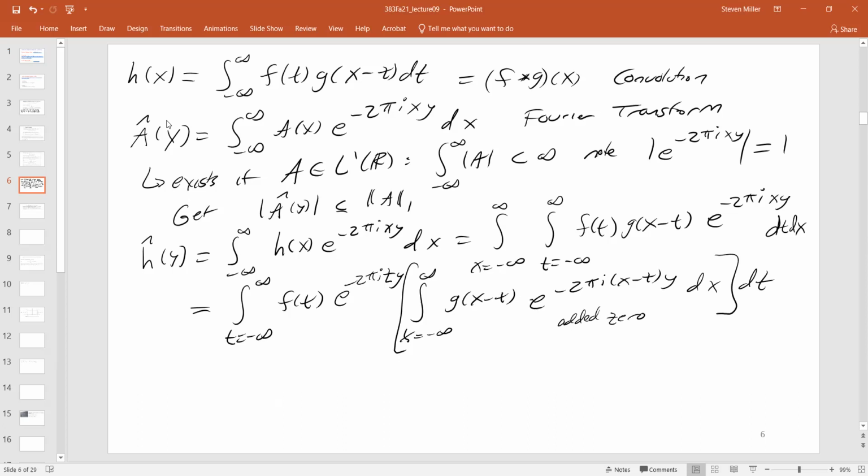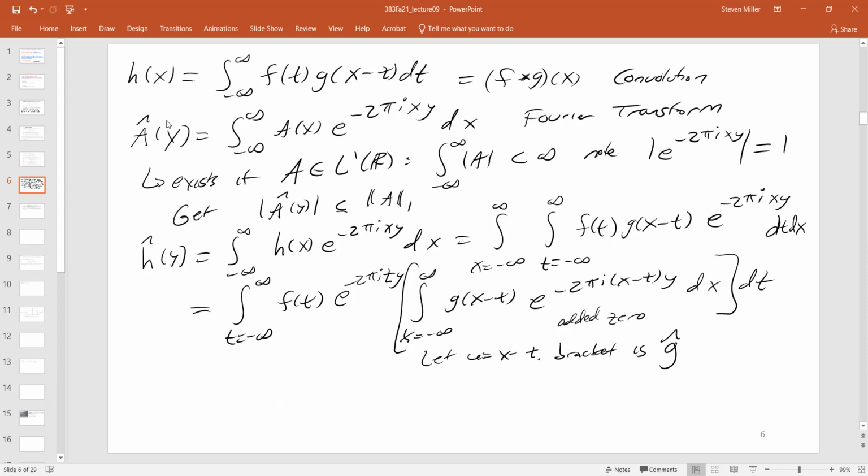But now, if I change variables, if I let u equal x minus t, what is the bracketed quantity? It is just g hat where? Not of x minus t. Not of u.